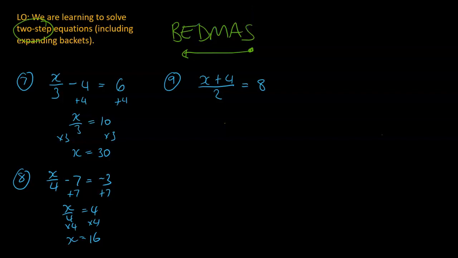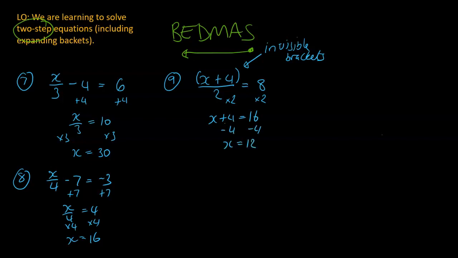But I just want to slow us down because, like we learned in our first topic, there are invisible brackets. Which means we're actually dealing with division and brackets, which means we've got to get rid of that division first. So we're going to go times 2, times 2. So that means x plus 4 equals 16. We're then going to go minus 4, minus 4. X is equal to 12. So a little bit of variation with that.